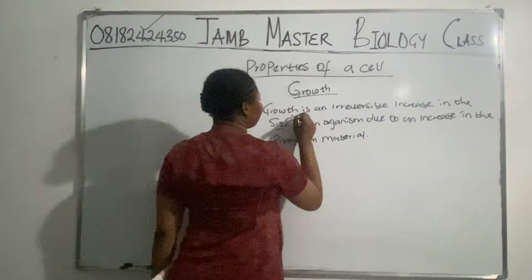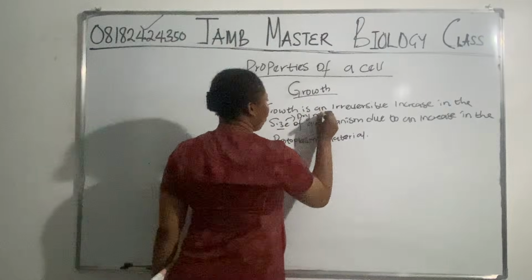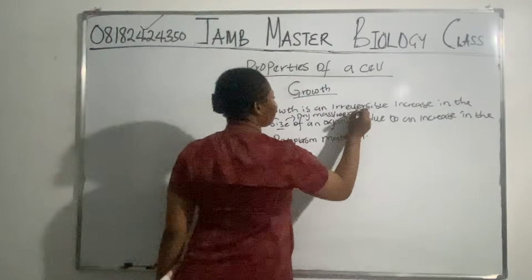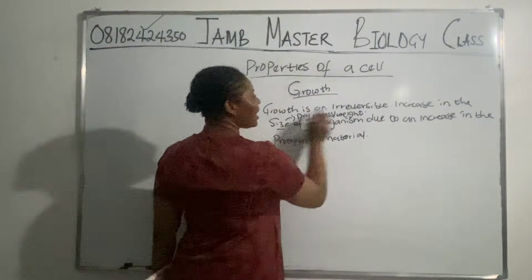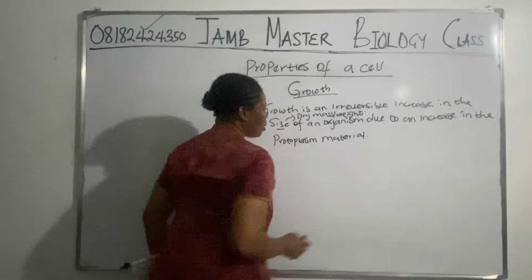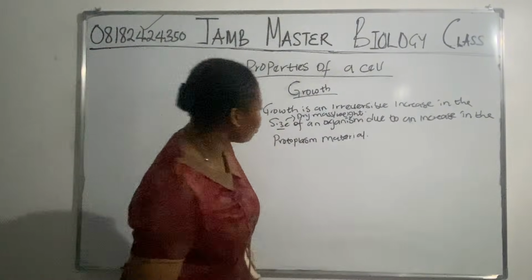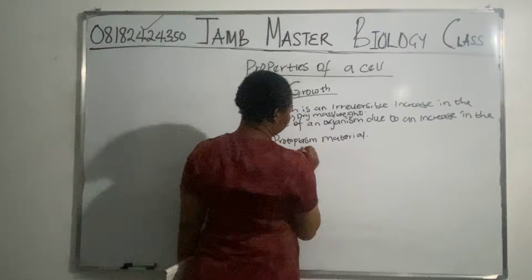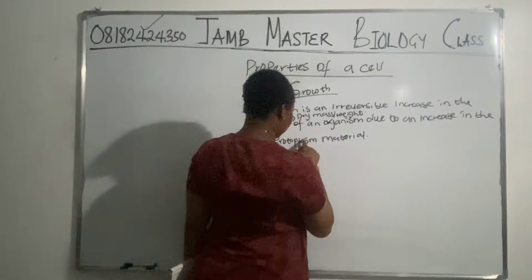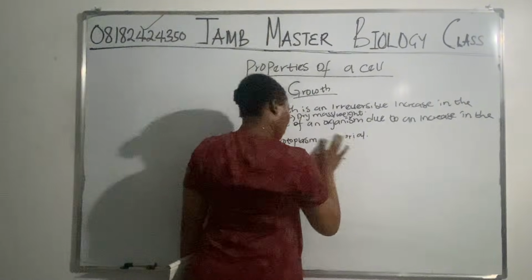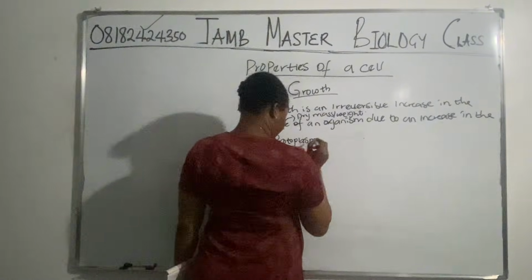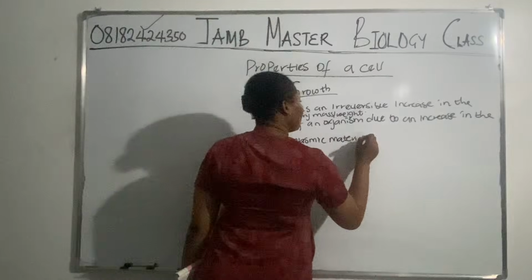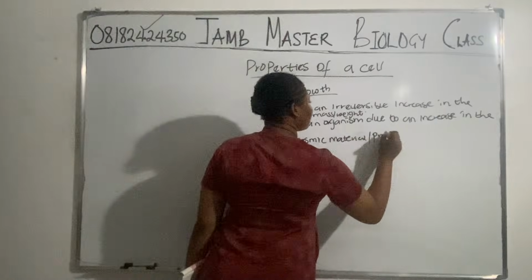Sometimes you will see something like dry mass or weight. So in case anyone asks you in JAMB, note it. They can say irreversible increase in dry mass or weight of an organism is what? Is growth. Due to the increase in the protoplasmic material. Protoplasmic material, or protoplasm.